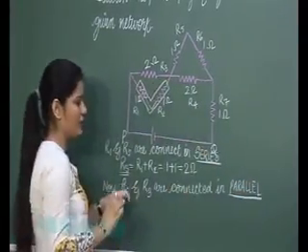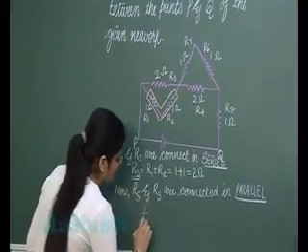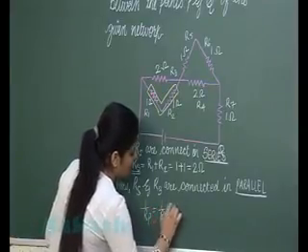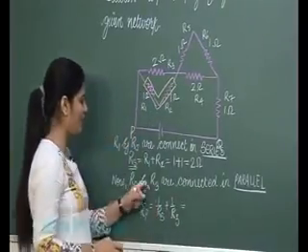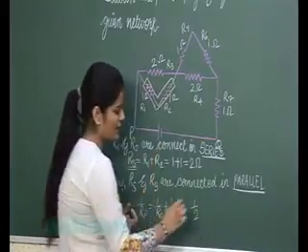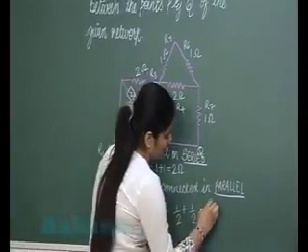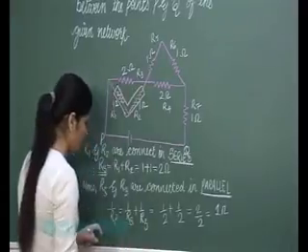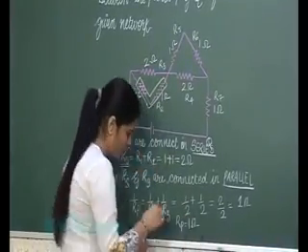So we will get the equivalent resistance as 1 by Rp, which is equal to 1 by Rs plus 1 by R3. Student, we have calculated the value of Rs, which is 2 ohm. So this is 1 by 2 plus R3 is also of 2 ohm. So we will get the equivalent resistance as 1 ohm. Hence student, Rp comes out to be 1 ohm.